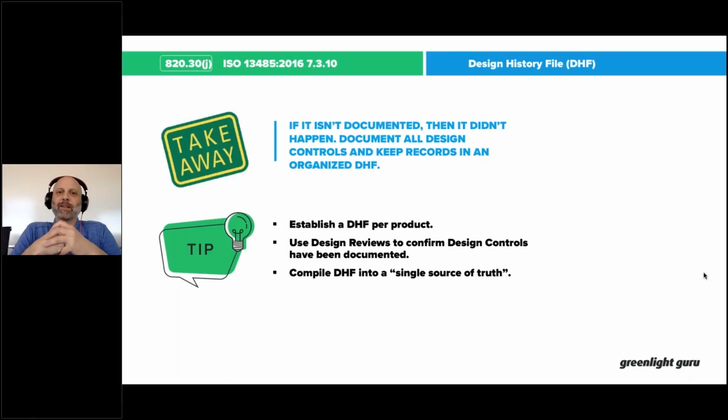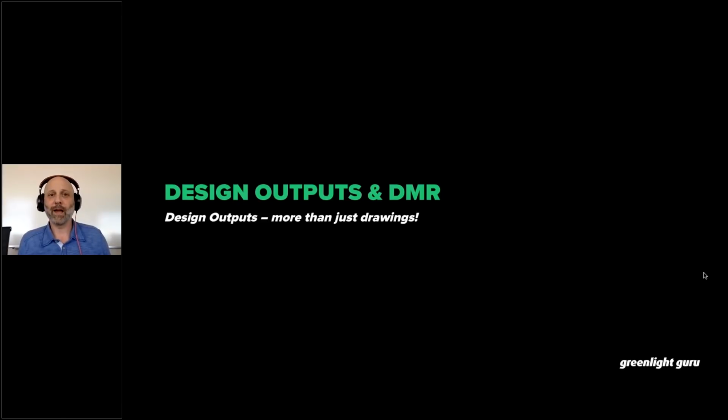So there is an expectation. They don't use the word design history file, but there is an expectation that you're documenting and maintaining DHFs throughout the entire design and development process. And so think of your design history file as your source of truth for your design control efforts. So all the things that you're documenting get contained within a design history file.